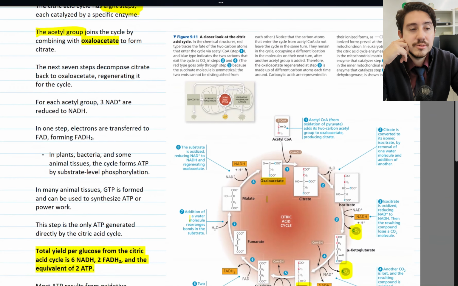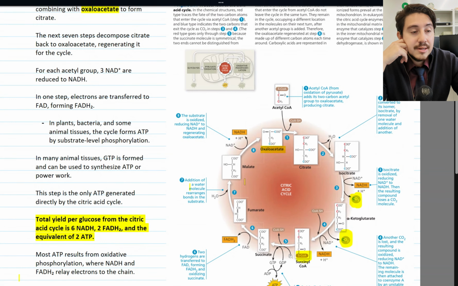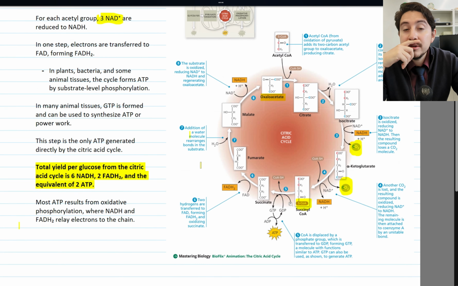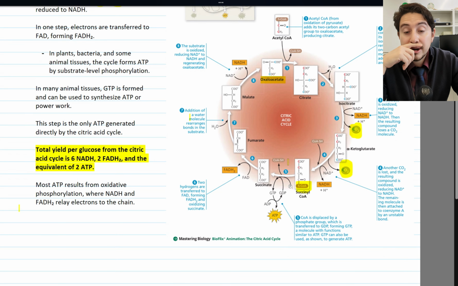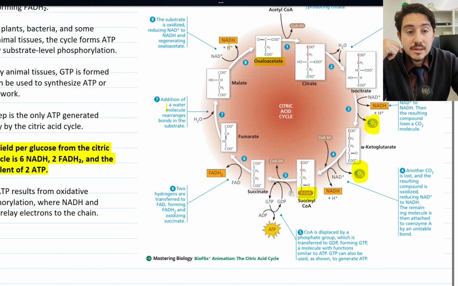All right, so just to go through the notes here to make sure I'm not missing anything. Yes, you want to start with oxaloacetate. For each acetyl group, 3 NADHs are made. In this particular diagram, you have the first NADH, the second NADH, and the third NADH being formed.